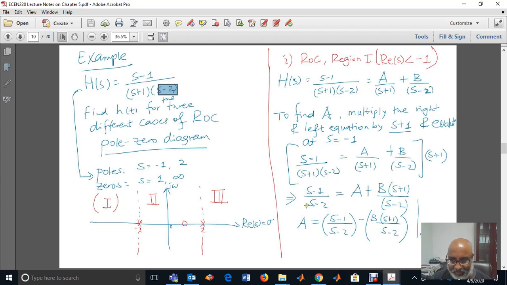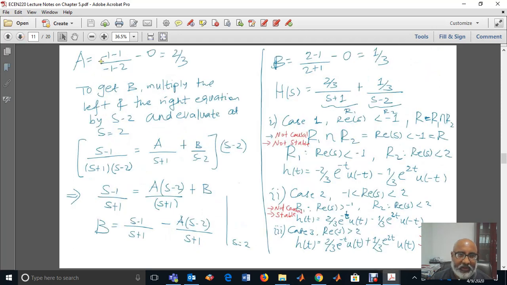So I evaluate the left equation at s is equal to minus 1. So a is equal to s minus 1 over s minus 2 at s is equal to minus 1. I put minus 1 here, so we will have 2 over 3.